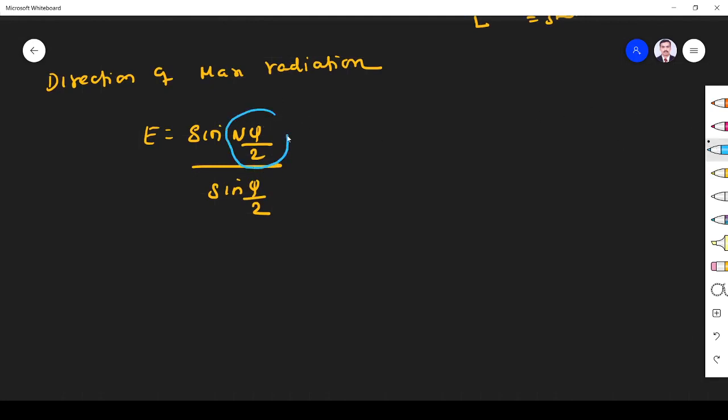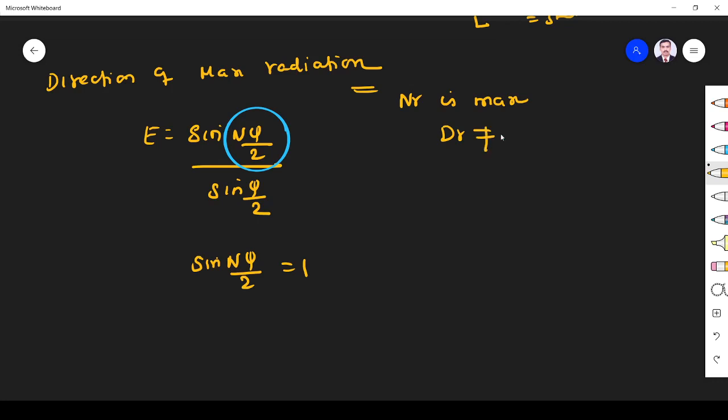So the maximum is obtained when sine n psi by 2 is equal to 1. Whenever you want maximum radiation, the numerator should be maximum. The denominator should not be equal to 0. That's the main condition. So if it is maximum, I will get E as a maximum value.